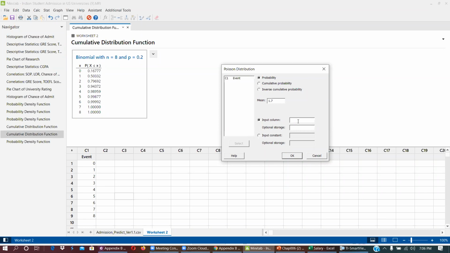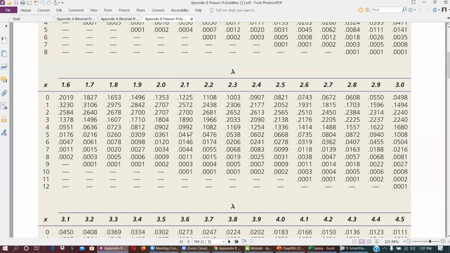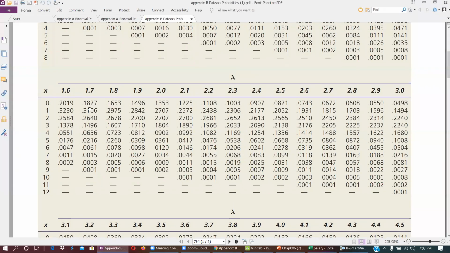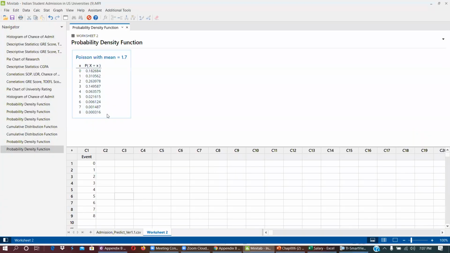I take the input column, which is my C1, and I get this probability distribution. 0.18, this. And you can see exactly the same number here for 1.7. Basically it is going up to 10. I just put 8, so we have up to this value. Is it making sense?